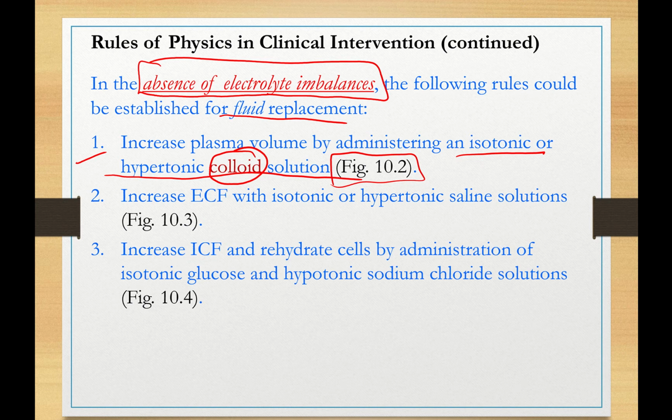Now, if you wish to increase the extracellular fluid, you can do that by administering an isotonic or hypertonic saline solution. Why is that? Because we know that sodium chloride, sodium and chloride, are small ions. They are, of course, charged, right?